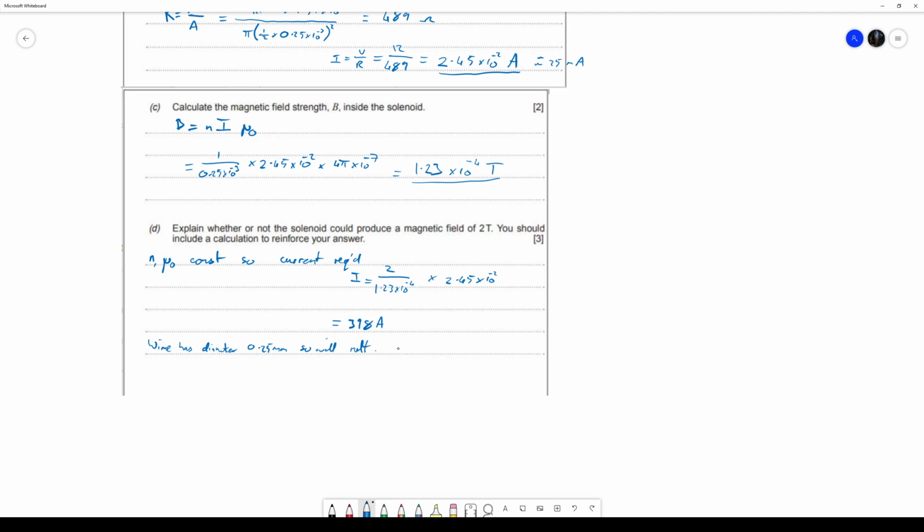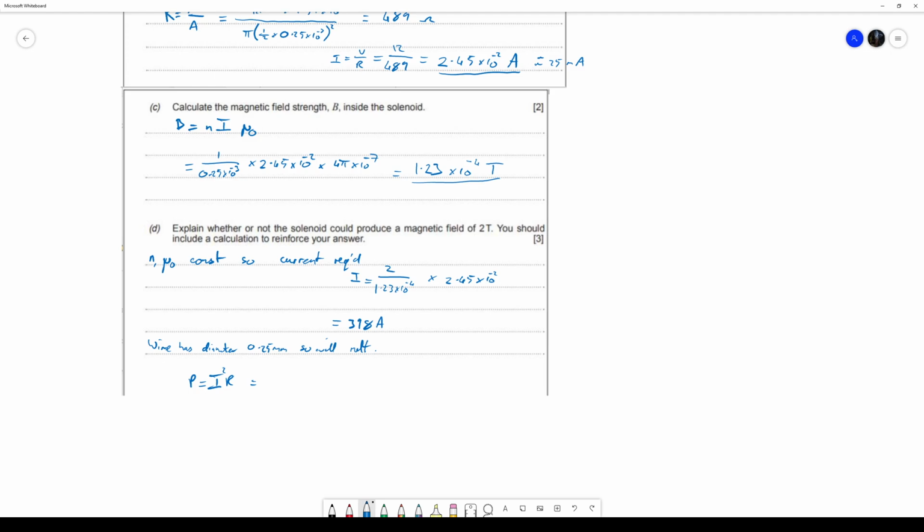If you want, you could back that up with a further calculation. You could actually calculate the heat dissipated in the wire, because we did calculate the resistance as 489 ohms, didn't we? So we could just do I squared R: 398 squared, multiplied by 489.